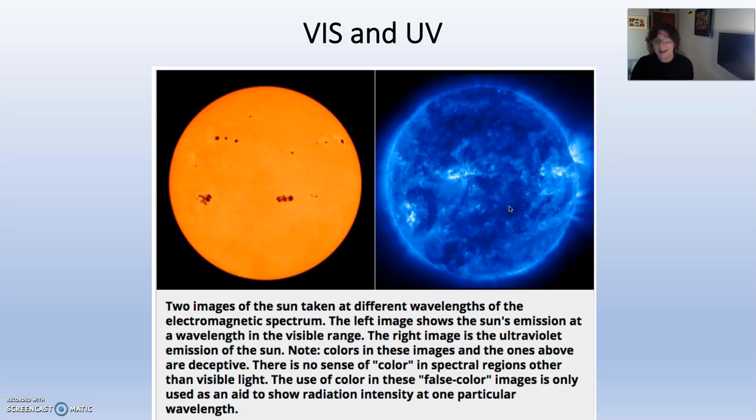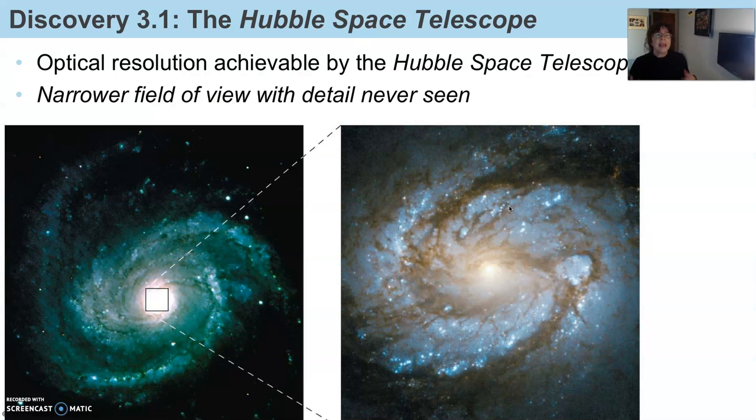So this is a UV image versus a visual image that deals in different wavelengths of light that are assigned colors. Now, in terms of the visual imaging, Hubble was able to give us detail that we've never seen before. This is an optical image from the ground, and this area, which is just so indistinct, is blown out by Hubble to show this beautiful detail that we were never able to see from the ground.